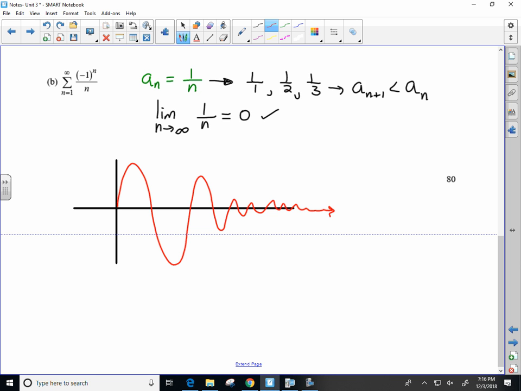So its limit going out to infinity would be 0, but it wouldn't necessarily follow the idea of always being a decreasing function. So wouldn't that still converge? This would converge, just not by the alternating series test.